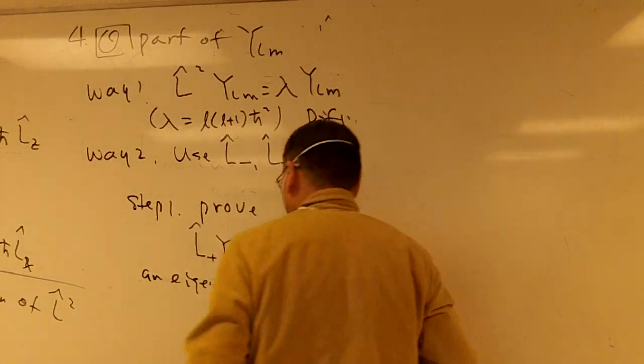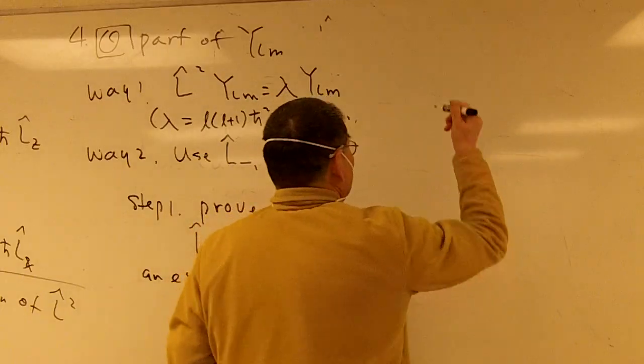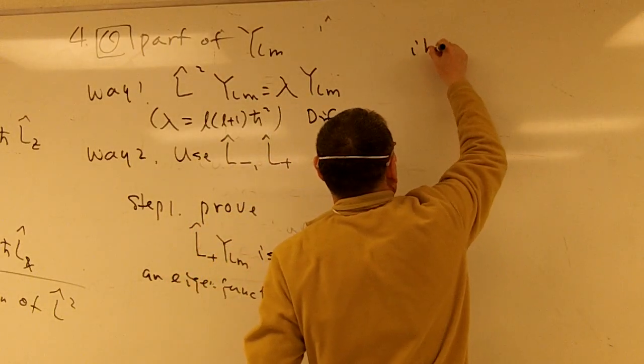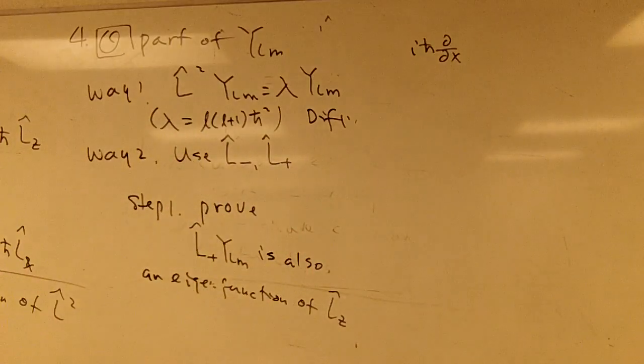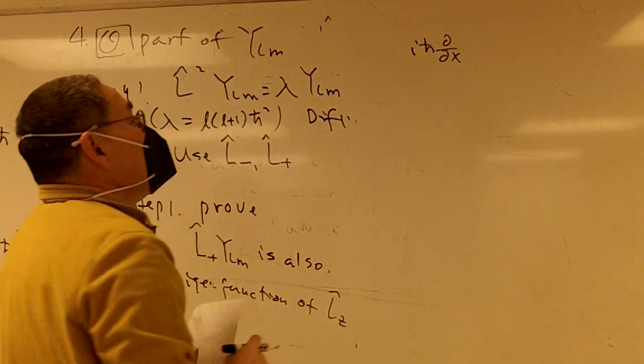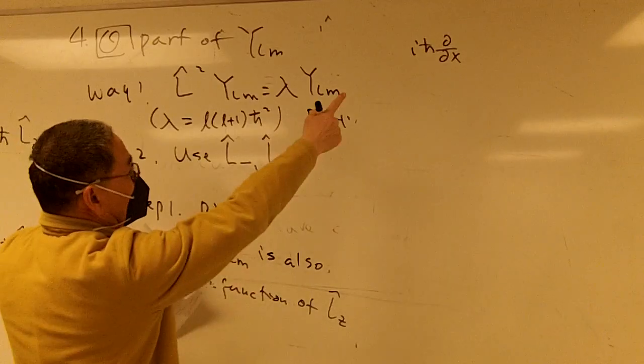Suppose my operator, of course the L plus is much more complicated, but suppose my operator is like this. Suppose this L plus is like that. Of course, they are more complicated than that.